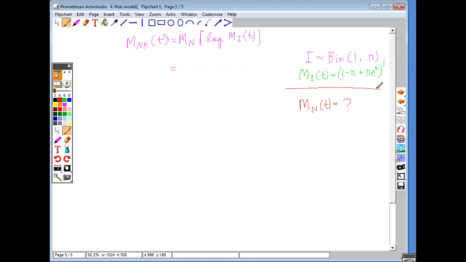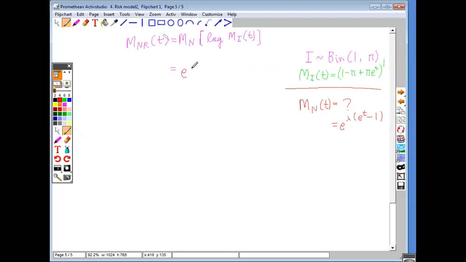So what will it be? It will just be e raised to lambda times (e raised to t minus 1), right? But now, instead of t within the brackets, what do I have? I have log of M_I(t), right? So I'll have to substitute log of M_I(t) instead of t. Again, maybe we can go through it step by step.